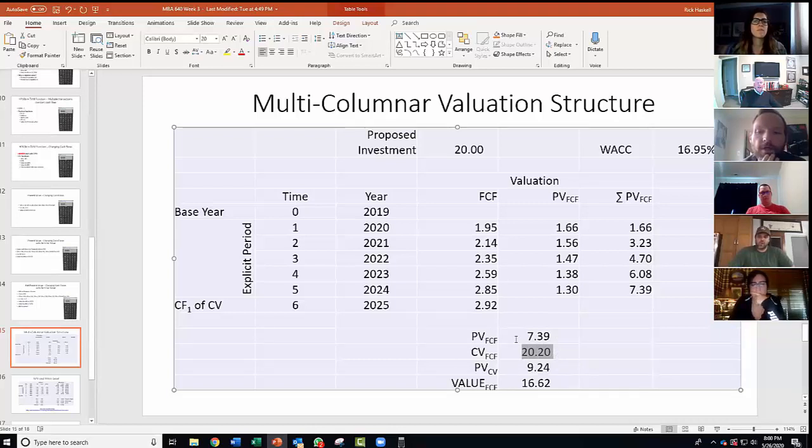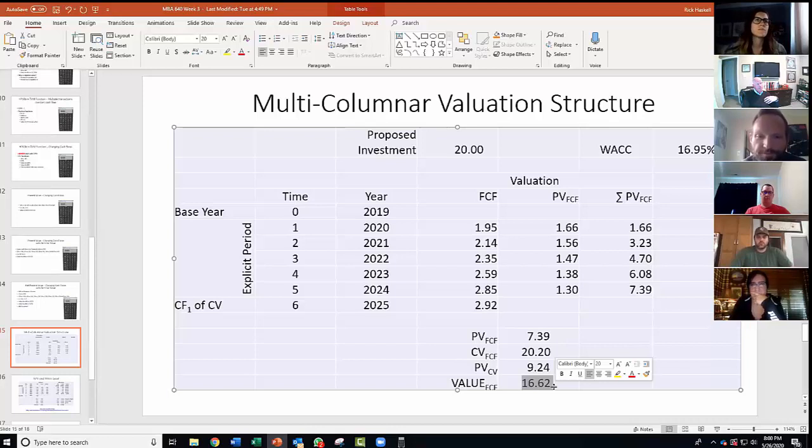I can add an apple and an apple to get an apple. So this 16.62 is a present value. What did I tell you a business is valued at? The present value of its time and rate discounted expected future cash flows.